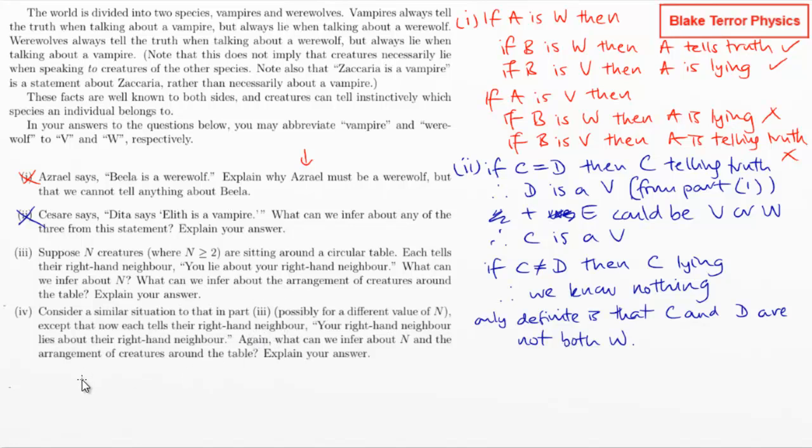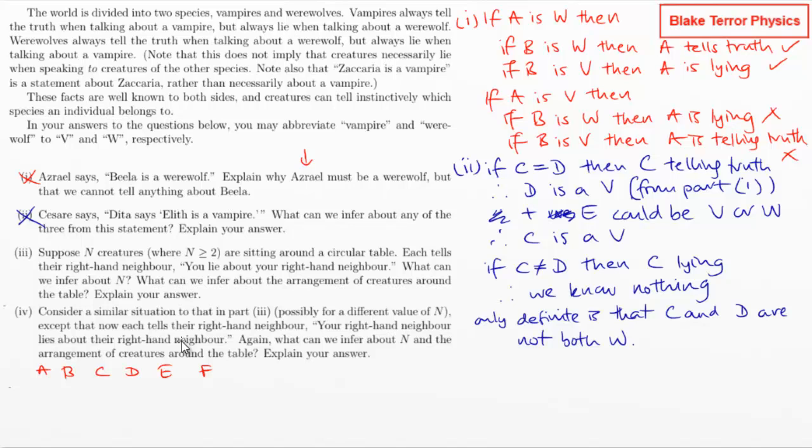Right, let's take some people in a row then. I'll just do A's and B's and things like that. So say we've got A, B, C, D, E. Let's just put 6 of them down for now. Each tells their right-hand neighbour, you lie about your right-hand neighbour.